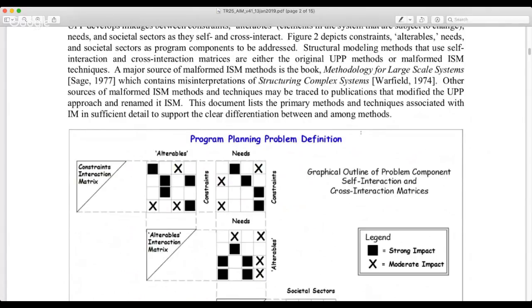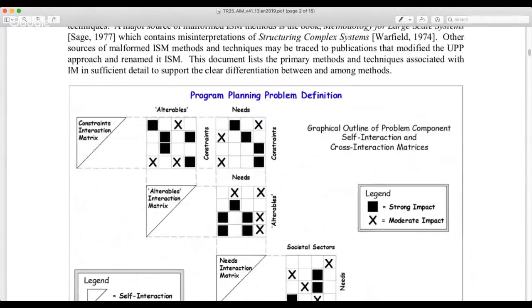So these are a key identifier of unified program planning among these other activities. And so if you are using a self-interaction matrix or a cross-interaction matrix, then you're using some type of unified program planning method.